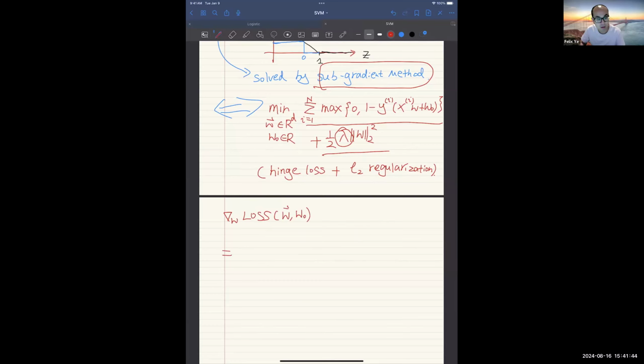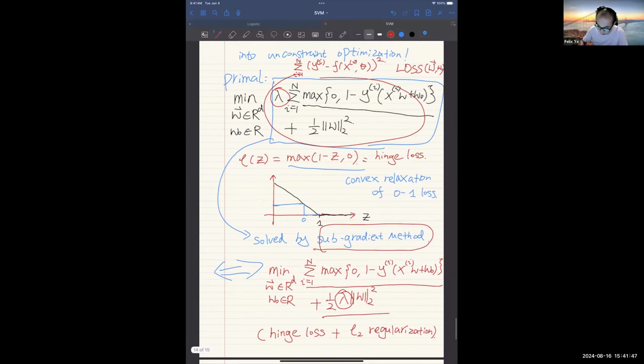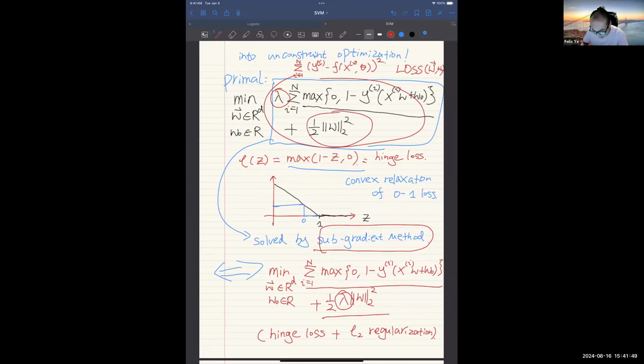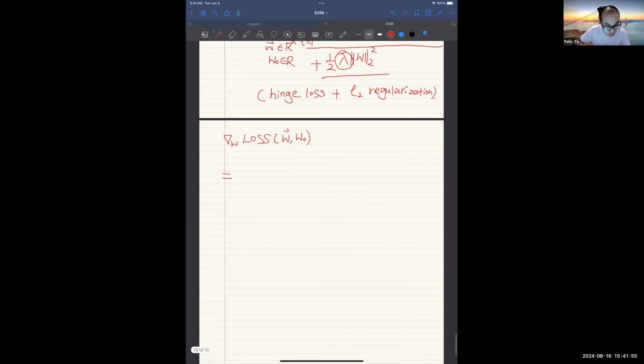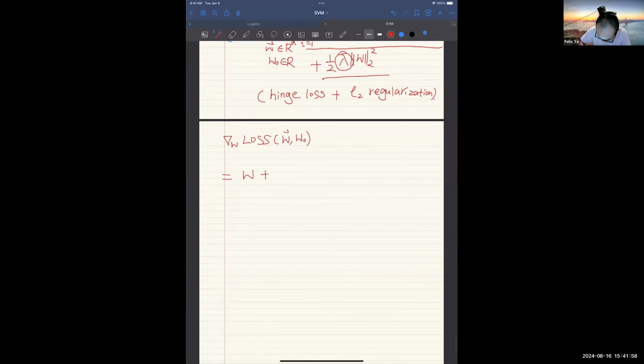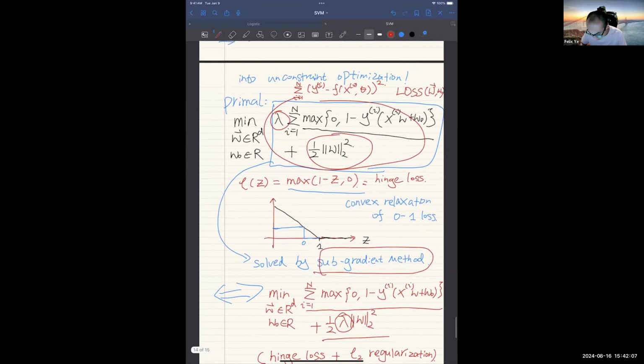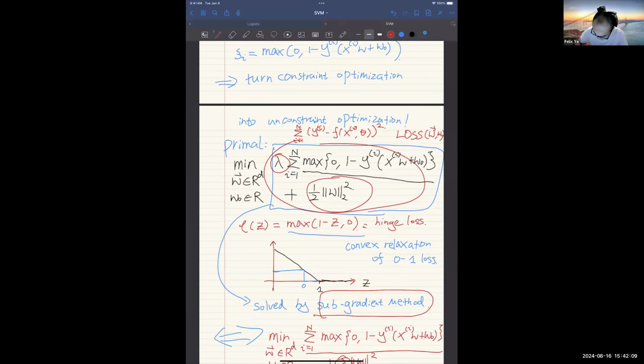So we always have this half times the square of the 2-norm of w. So this becomes w plus the summation of i from 1 to n. It has two possibilities. If this term is bigger, then we take the partial derivative with this term.